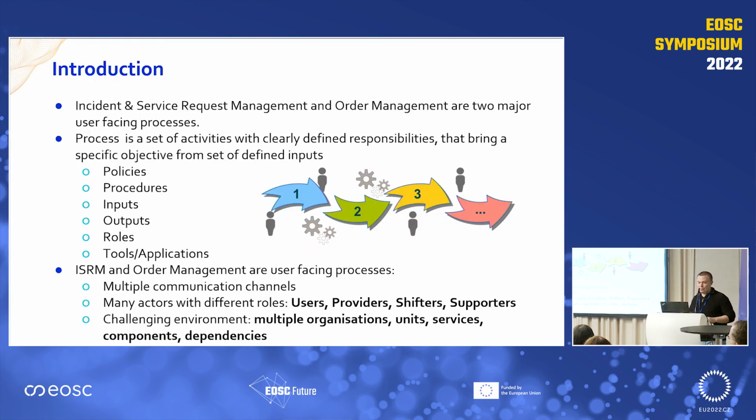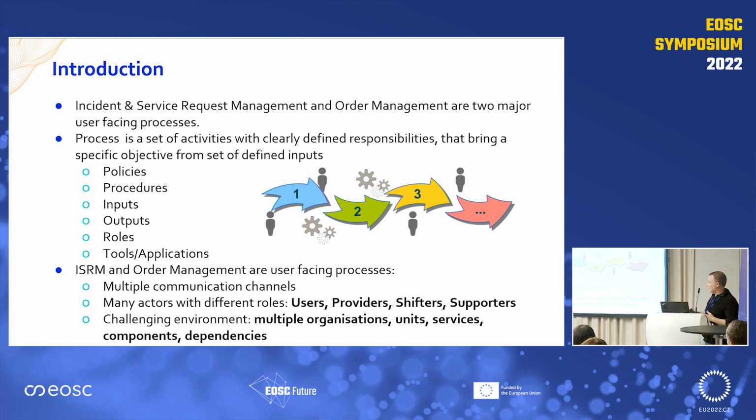Before I come to the description of these processes, I will start with an introduction, and would like to define or remind you what we actually understand by a process. We are talking all the time about processes, but I think it's important to be sure that we are on the same page.